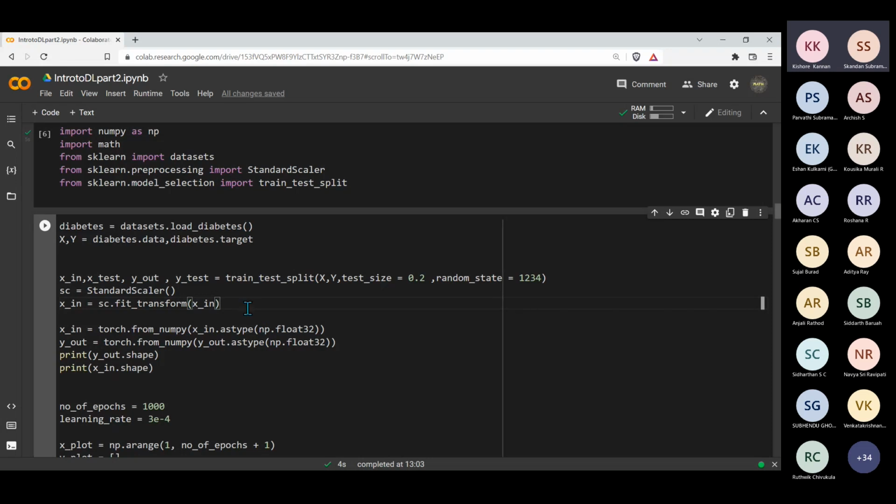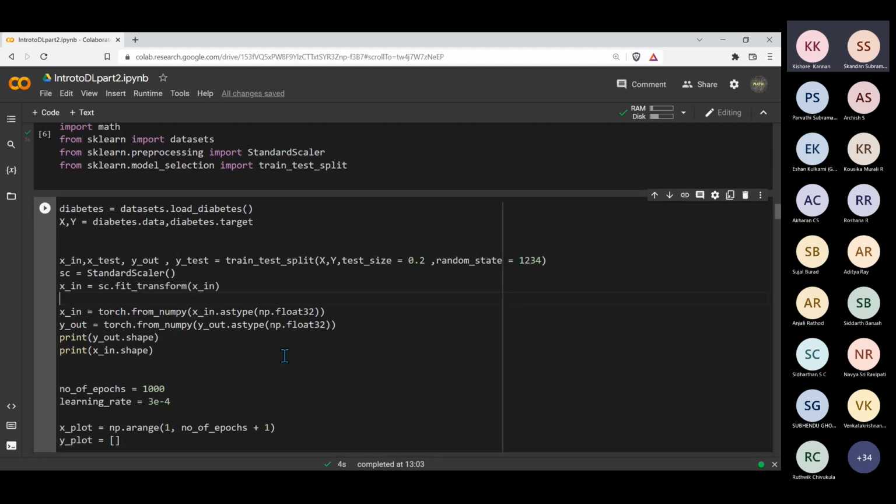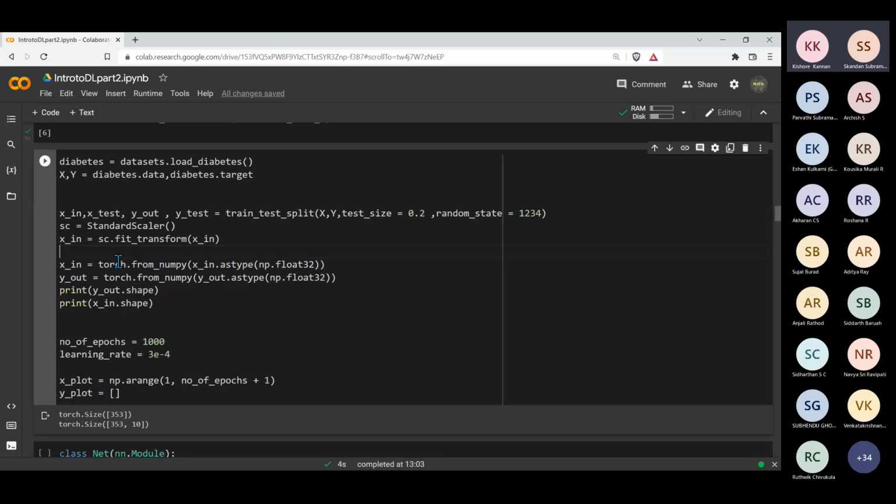And this is used for the same purpose, just to transform the data. And yeah, we convert the given numpy arrays to torch tensors using this torch dot from numpy command.